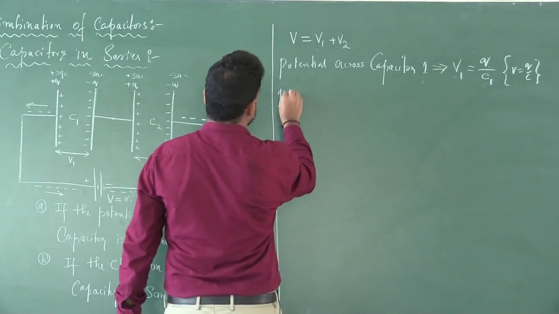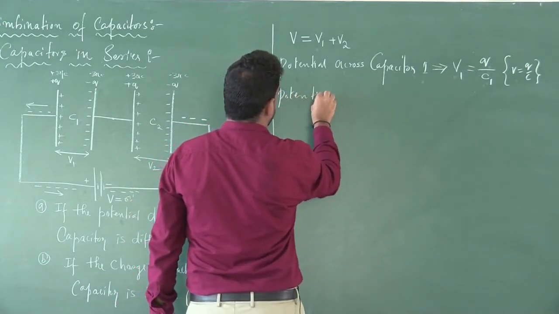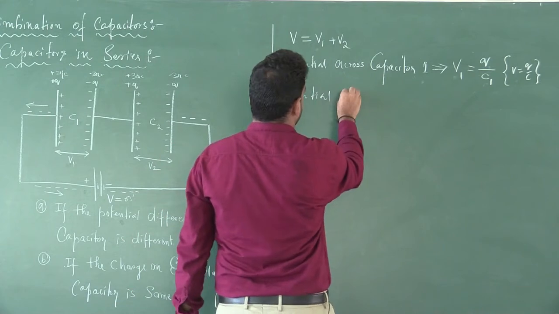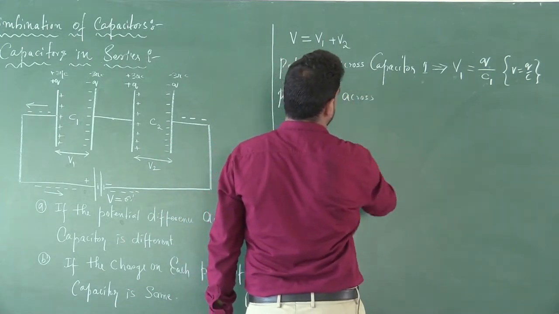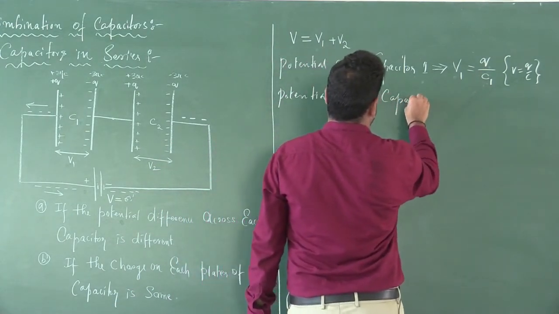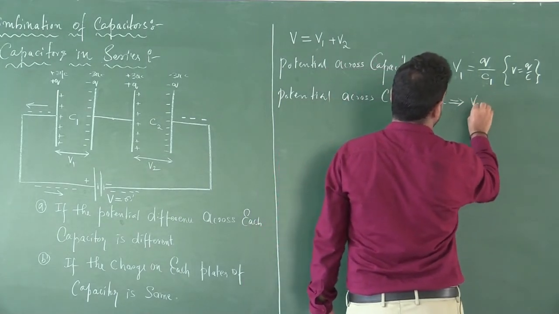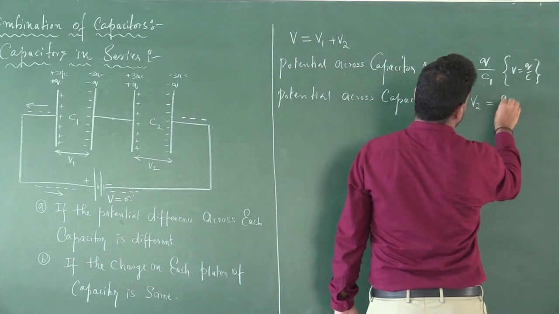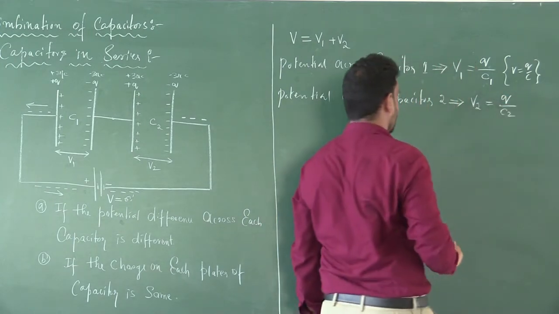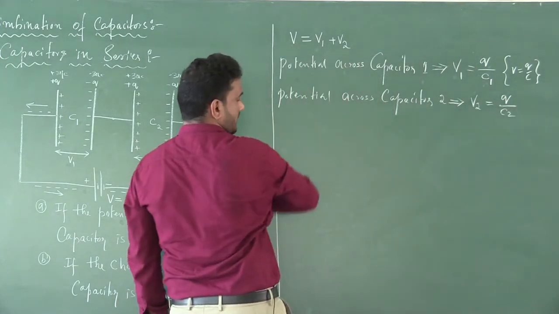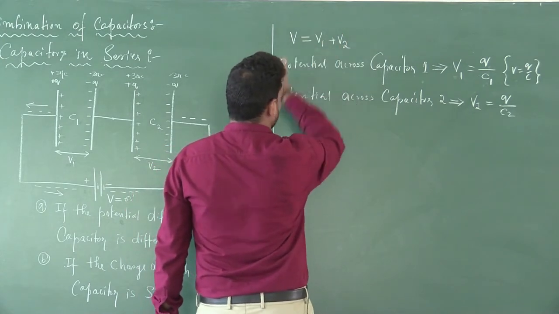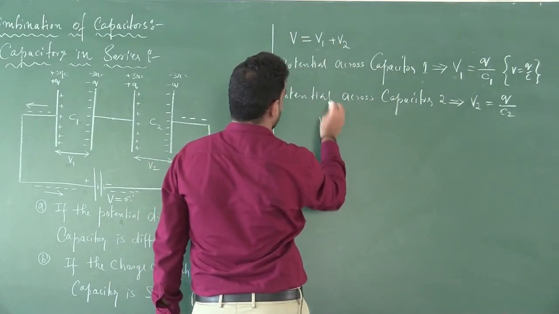Similarly, potential across capacitor 2. So V2 is equal to Q by C2. Then I can calculate the total potential across the combination.